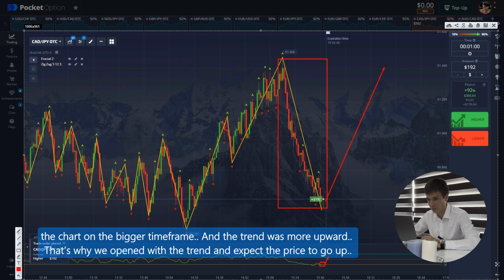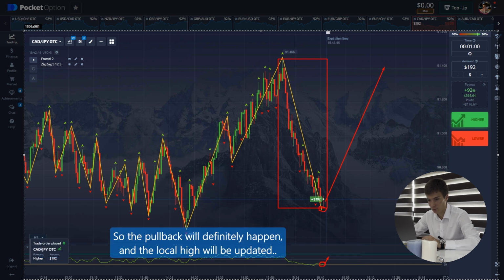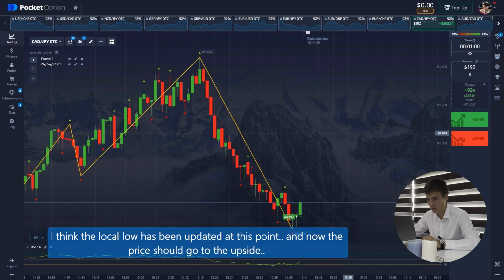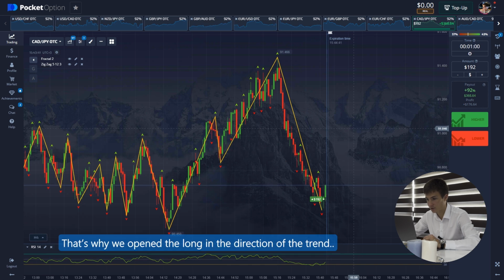That's why we opened with the trend and expect the price to go up. So the pullback will definitely happen, and the local high will be updated. I think the local low has been updated at this point, and now the price should go to the upside. That's why we open the long position in the direction of the trend.